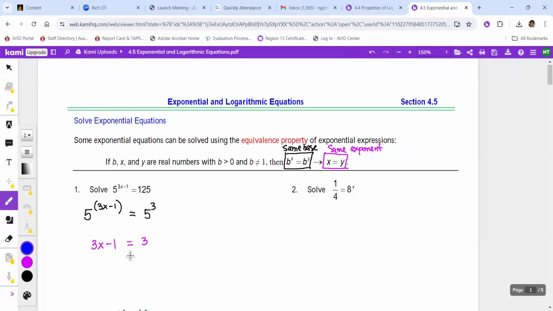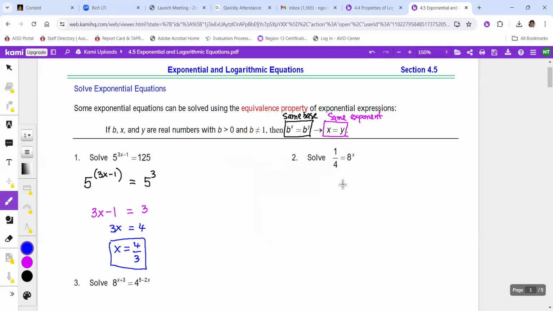Because now it becomes a linear equation. We add 1 to both sides, so 3x equals 4, and then divide both sides by 3. And again, of course, you can check the answer by substituting x for 4 over 3, and then you will see that the left side and the right side give us the same result.